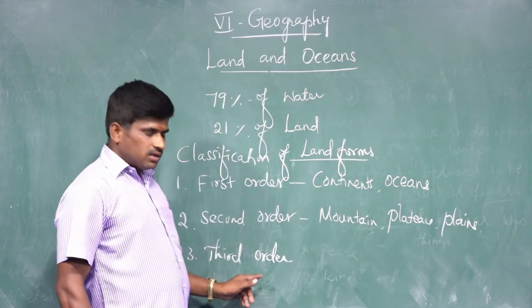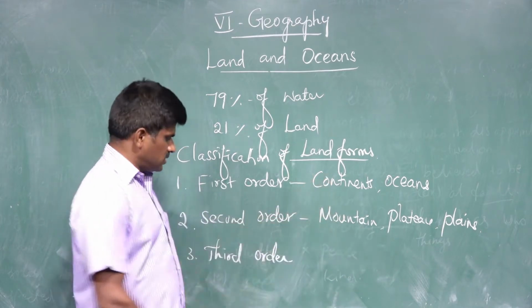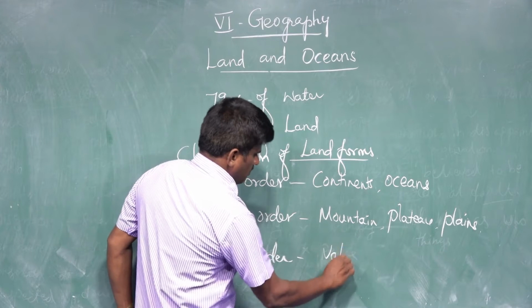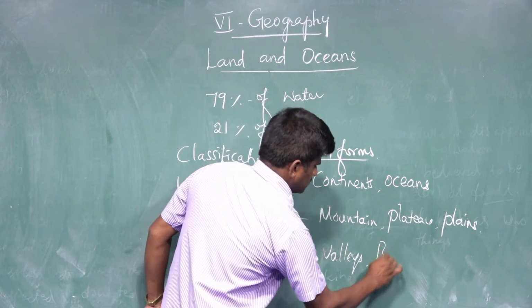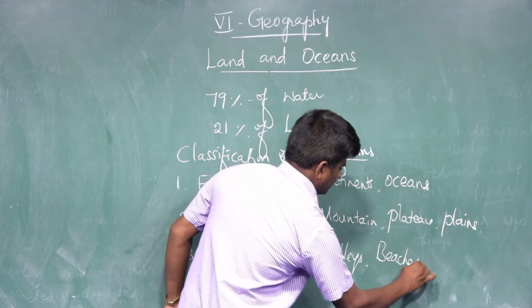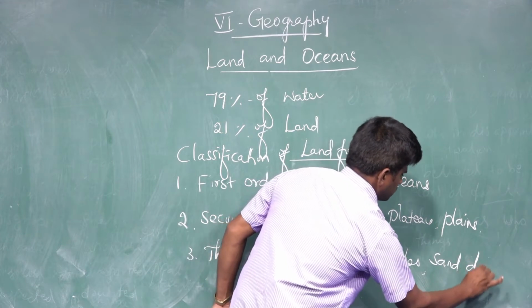The third order landforms are again categorized into 3. What are they? Valleys, then beaches, then sand dunes.